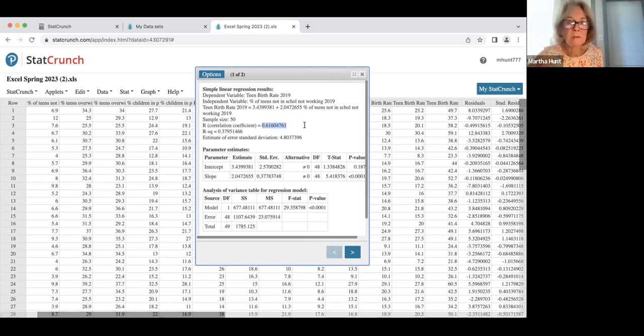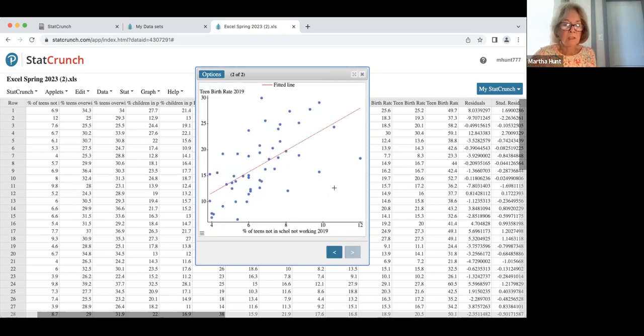It's a nice correlation coefficient, but it's not a powerful correlation coefficient. So you have to choose between weak, moderate, or strong. And I'll leave that up to you. Okay.